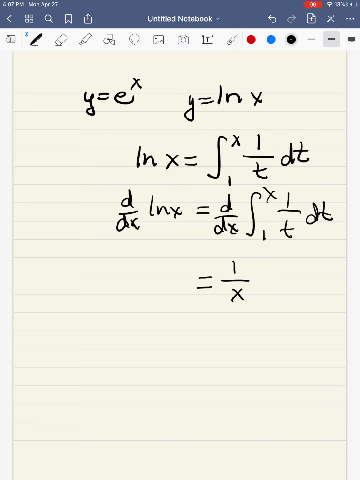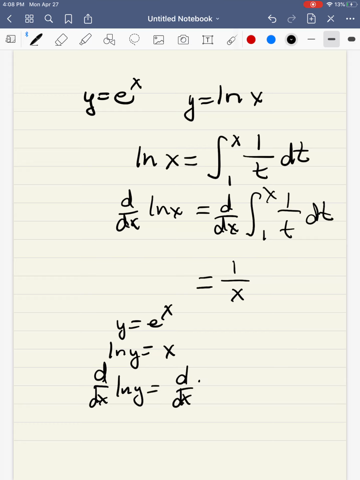So if we have y equals e to the x, and we take the natural log of both sides, so ln of y would be equal to x. And then if we take the derivative of both of those, then we get d dx of ln of y equals d dx of x.